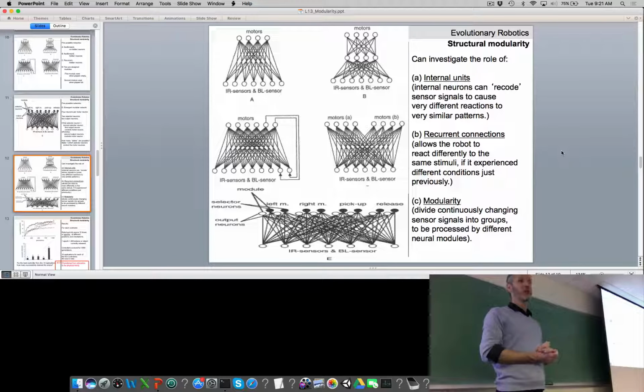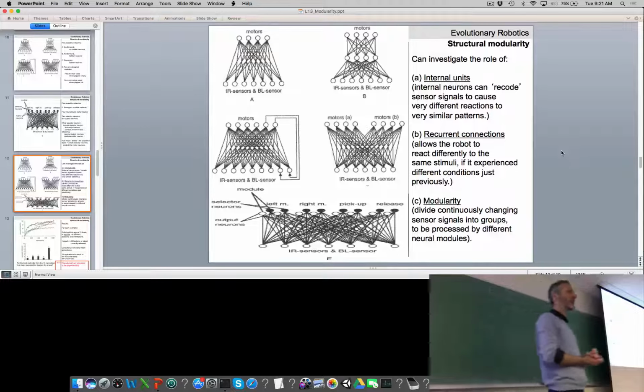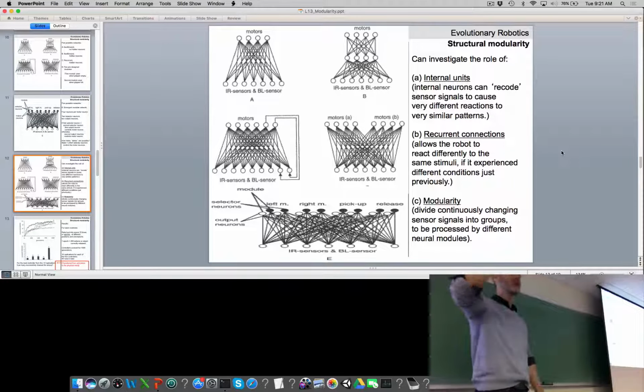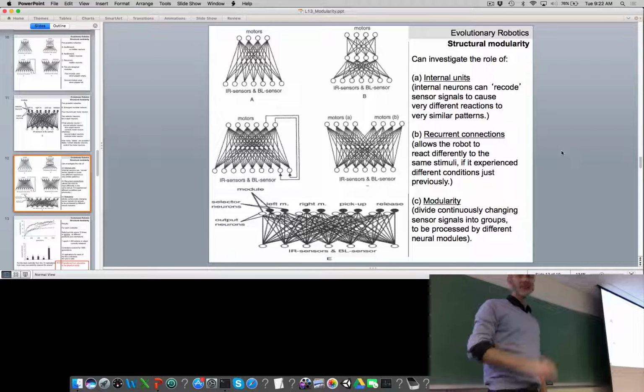Remember that recurrent connections give us memory. So maybe when the robot drops a sugar cube outside the arena, it remembers where the last one is that it saw and turns at a certain angle to get back there, right? That's how we're inferring from different performances of the robot with these different networks. We're inferring indirectly what's useful for this task.